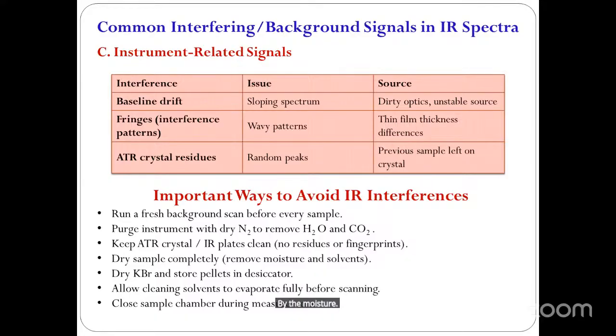We have to make sure the solvents are evaporated after cleaning the plates. And we have to make sure the compartment or chamber where the IR instrument is kept is closed, so that there will be no interference due to moisture and carbon dioxide.